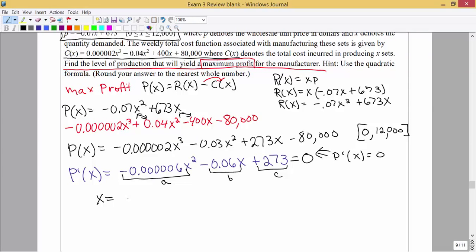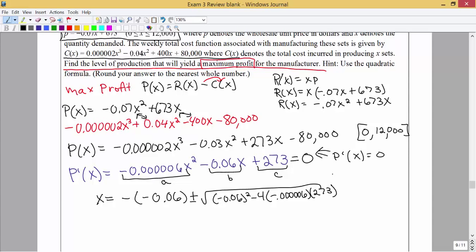So we're going to get x is equal to minus the b value, which is minus 0.06, plus or minus the square root of b squared minus 4 times a, and a is kind of long, times c, which is 273. And I'm going to make sure all of that goes underneath that square root symbol. And we're going to divide that by 2 times a.